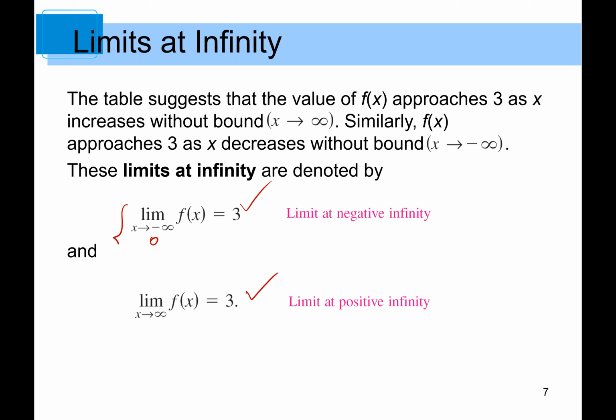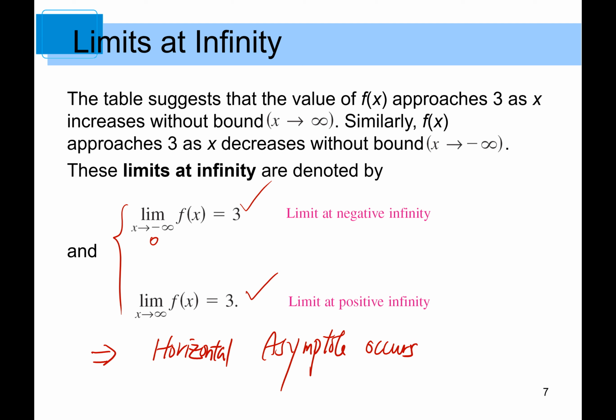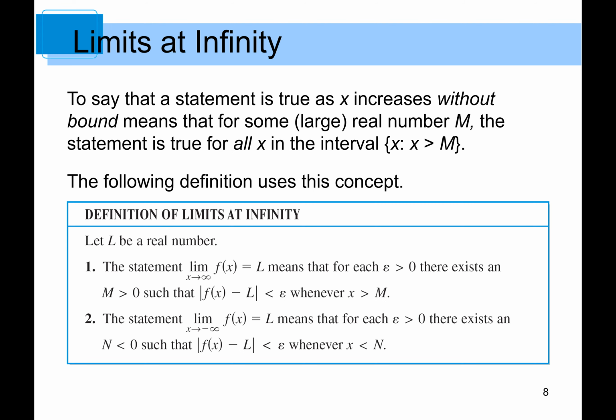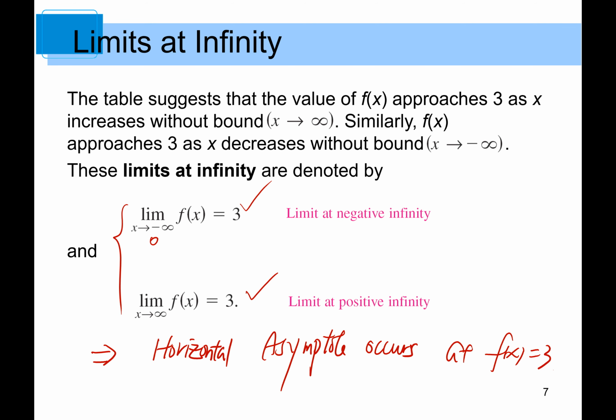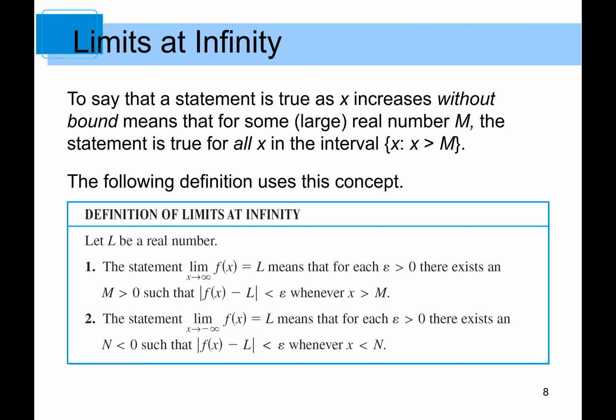So the left hand side limit and the right hand side limit converge. That means a horizontal asymptote occurs at y equals 3. Okay, so that's basically what we find based on these limits at infinity.